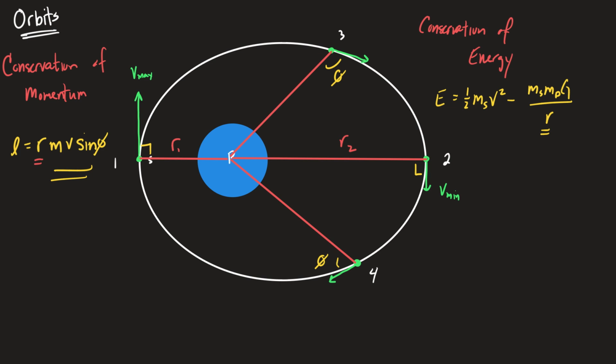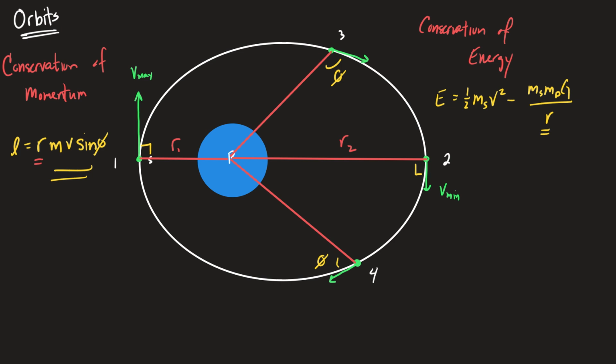But keep in mind, that ease of use comes at an expense, that you'd have to know the geometrical properties of where you are. So it works great if you're comparing position 1 to position 2. It works less great if you're comparing position 1 to position 3. So if you're doing that, you may have to use energy unless you've been given the angle.